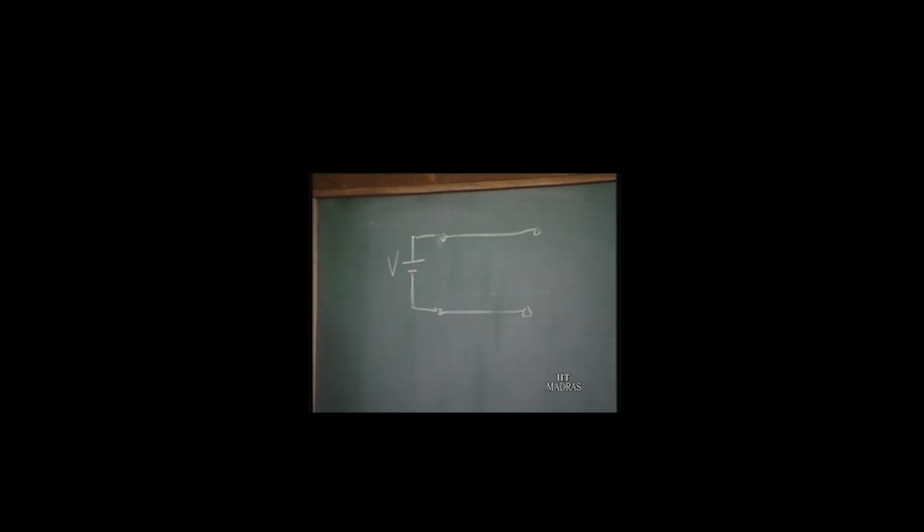Now, as we have seen, a voltage front and a current front will move along the line, and the ratio is given by the characteristic impedance R naught. If this transmission line is infinitely long, these voltage and current fronts will move along the line maintaining this ratio. There is no problem.